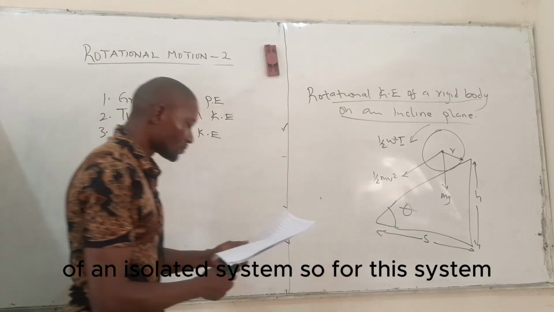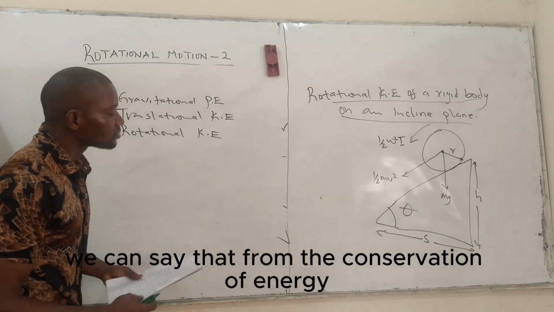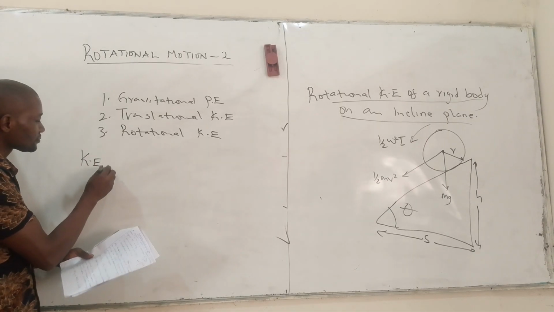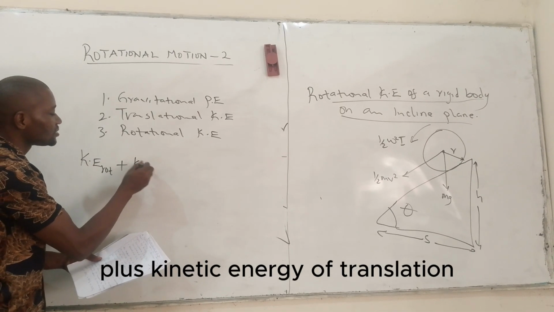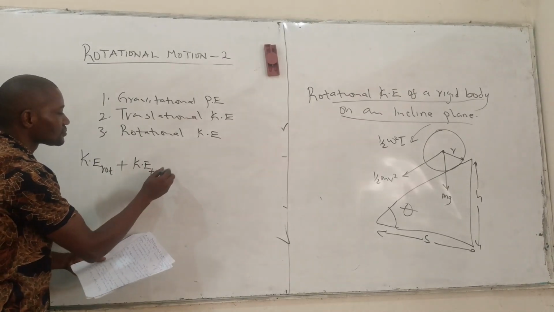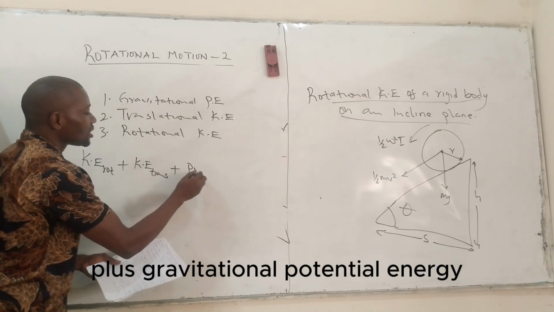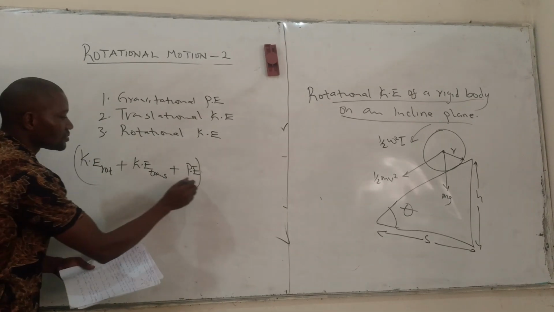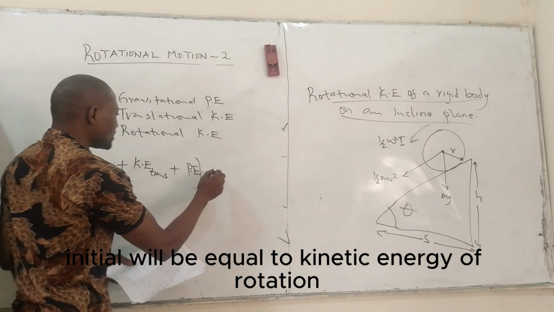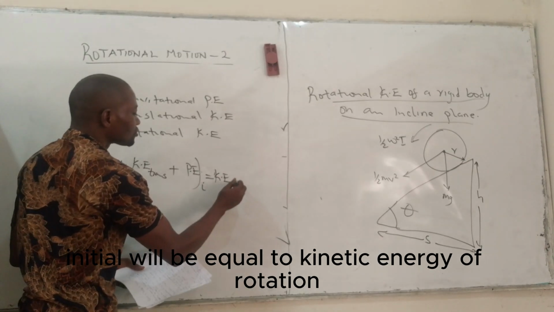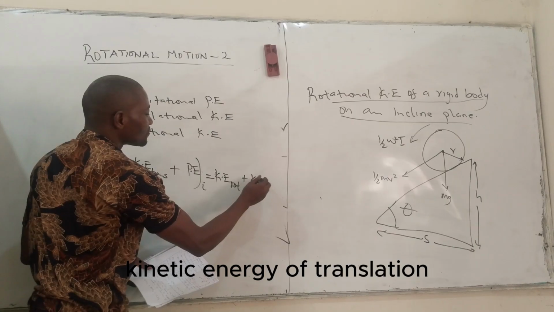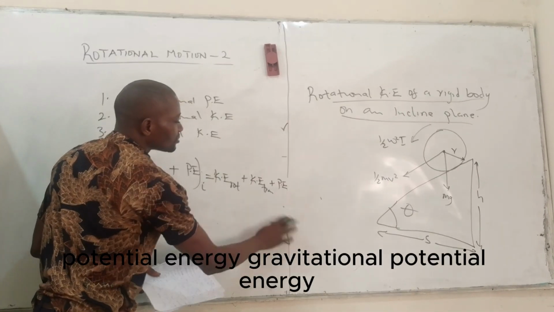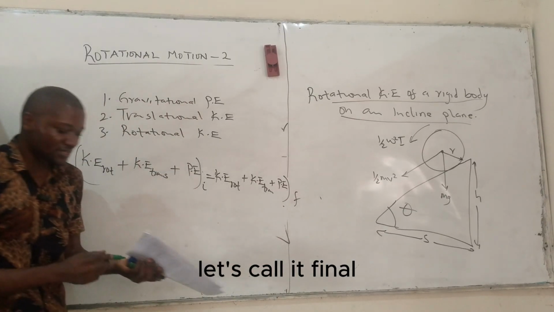So for this system, we can say that from the conservation of energy, the kinetic energy of rotation plus kinetic energy of translation plus gravitational potential energy, initial, will be equal to kinetic energy of rotation, kinetic energy of translation, gravitational potential energy, let's call it final.